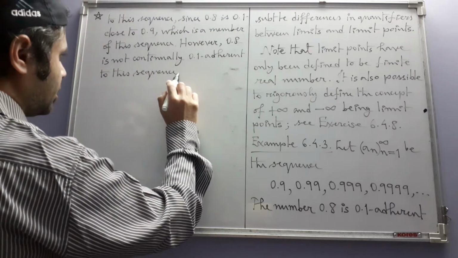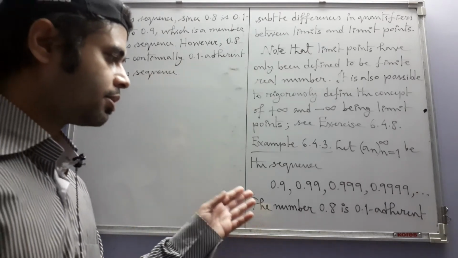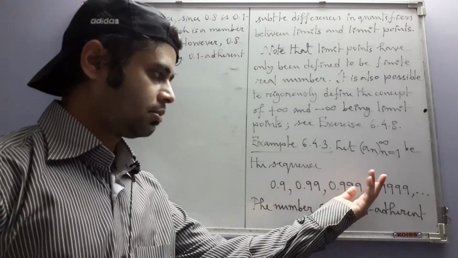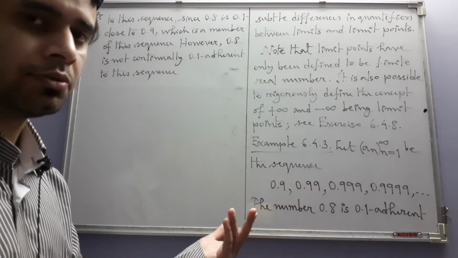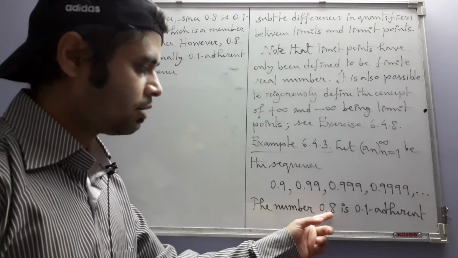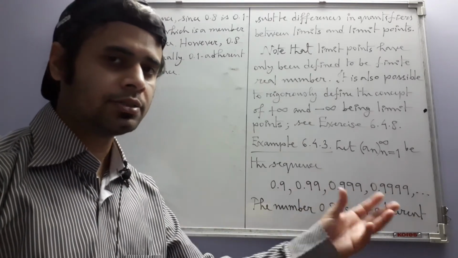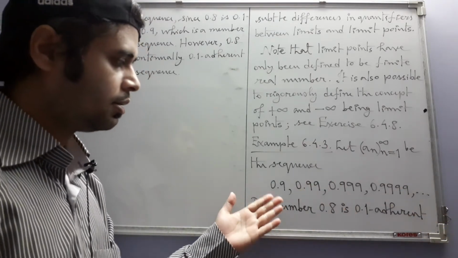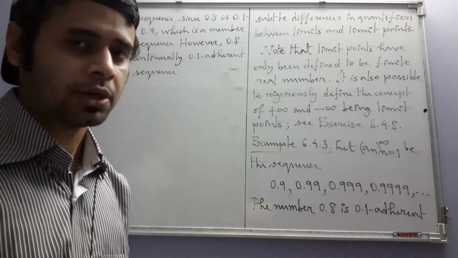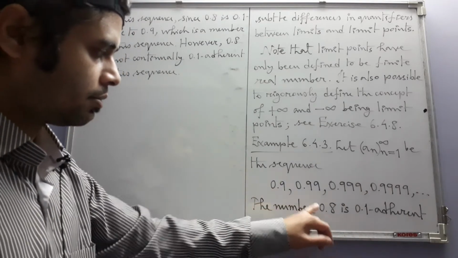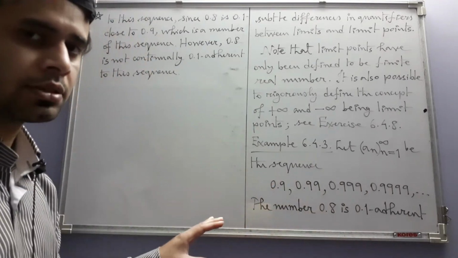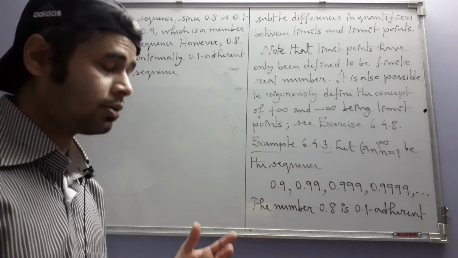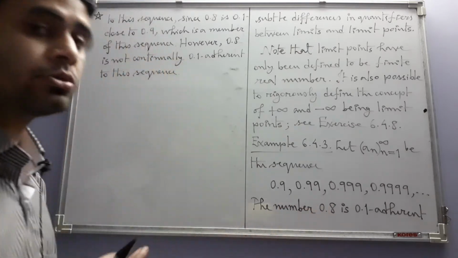What is the reason? That's because continual 0.1 adherence means no matter how many terms we remove from the beginning of the sequence, 0.8 should be able to find at least one term in the remaining part of the sequence after the removal, to which it can become 0.1 close. Removal of the first term itself makes 0.8 lose that property.